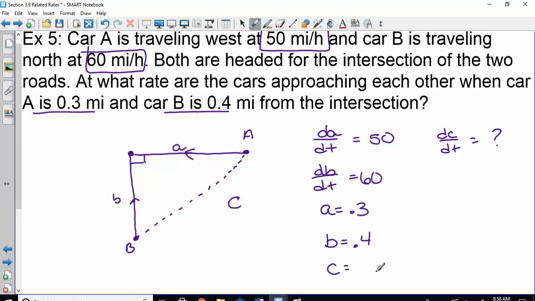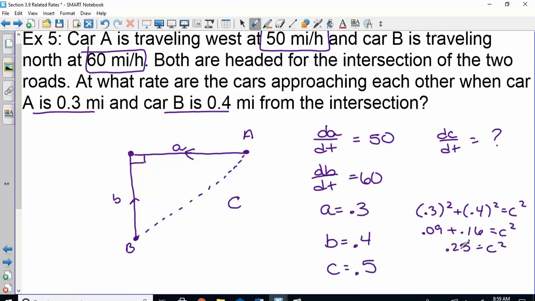How do you do it? So 0.3 squared plus 0.4 squared equals C squared. So C is 0.5.